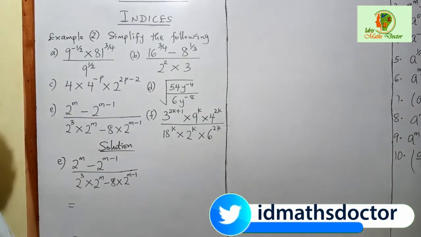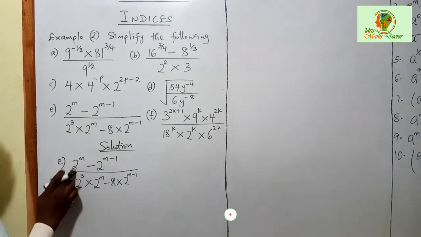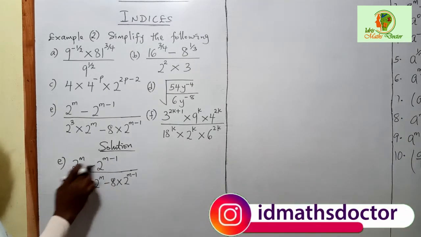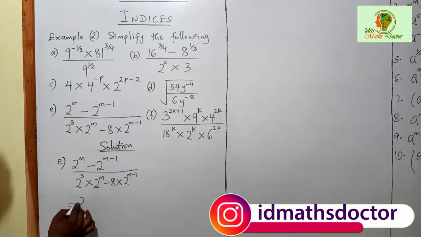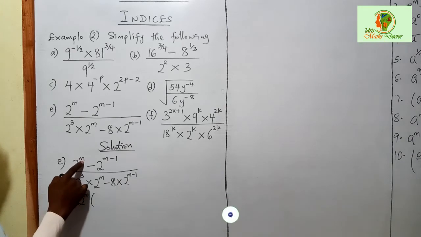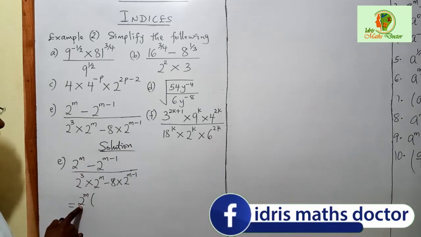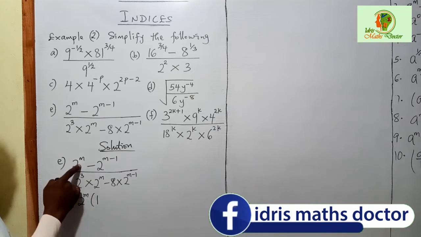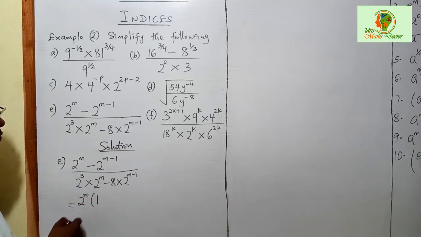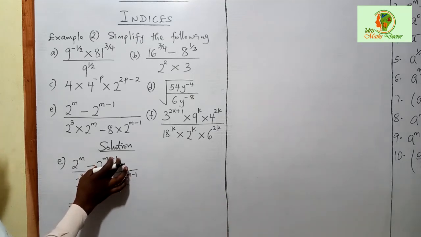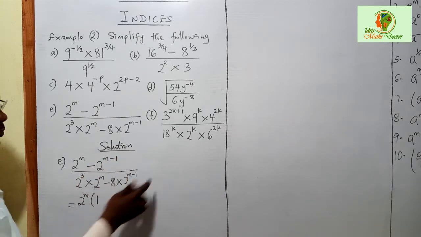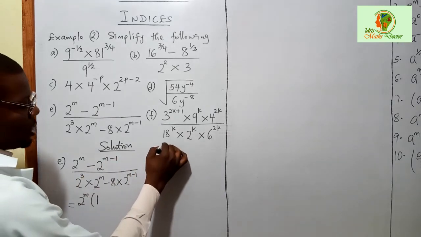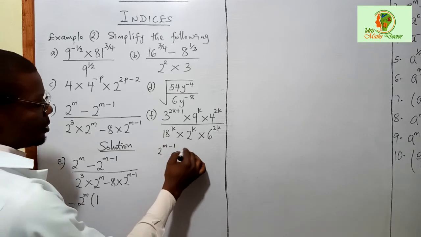What is common? The highest common factor between this and this is 2 raised to power m. You open a bracket. 2 raised to power m divided by 2 raised to power m will give us 1, because anything divided by itself will give us 1. Now we want to divide this by this. Check. 2 raised to power m minus 1 divided by 2 raised to power m.